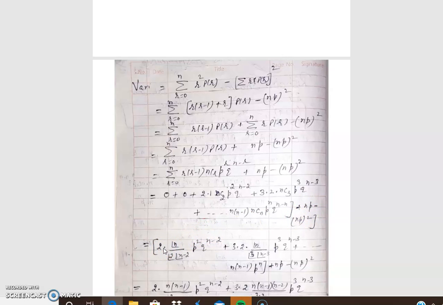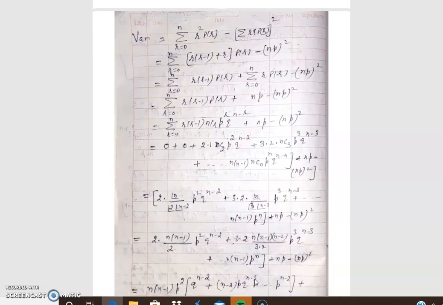Now the value of nC2 is factorial n upon factorial 2 factorial n minus 2, and the value of nC3 is factorial n upon factorial 3 factorial n minus 3, and in the last I have told you that the value of nCn is 1, and this is n minus 1 p power n as it is.